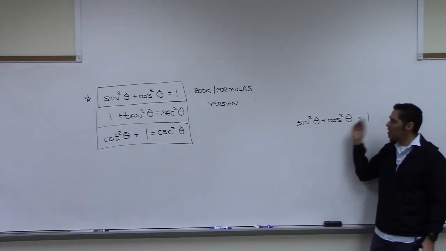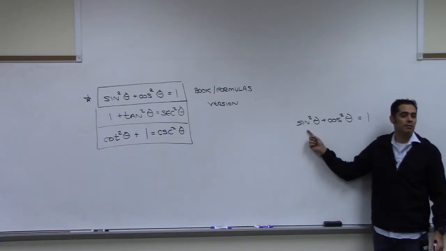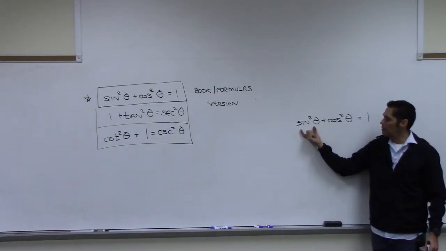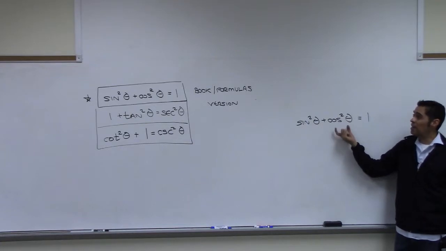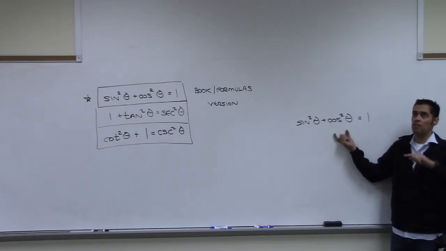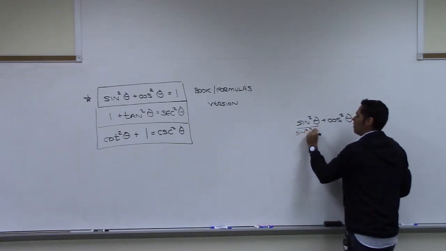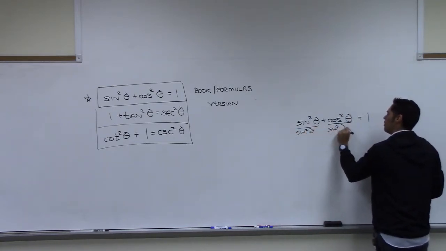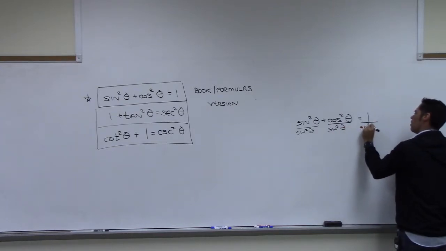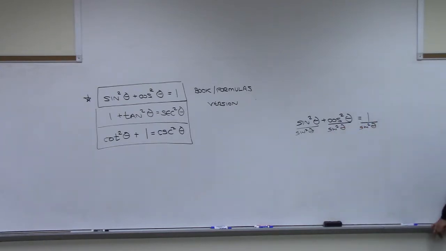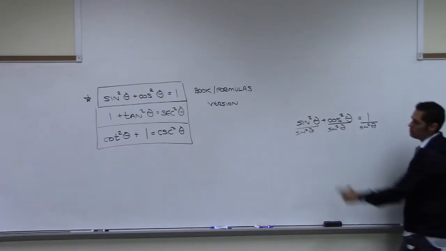You just see if you can do this mentally. Take everything and divide everything by sine squared. What would this over sine squared be? 1. What's cosine over sine squared? Cosine over sine is tangent, right? So, wait, cosine over sine? Let me do it. Sine squared theta, sine squared theta, sine squared theta. There we go. So what is this? 1?